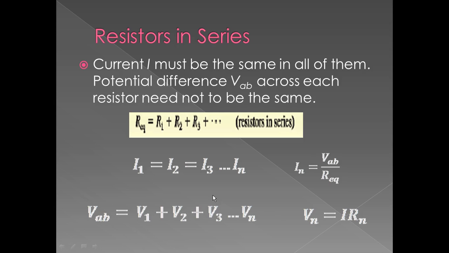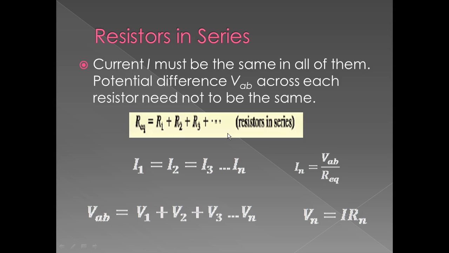What is left on the right hand side is simply the sum of the individual R's, R sub 1 plus R sub 2 plus R sub 3 and so on. On the left hand side, V sub AB over I would serve as our R, or R equivalent.